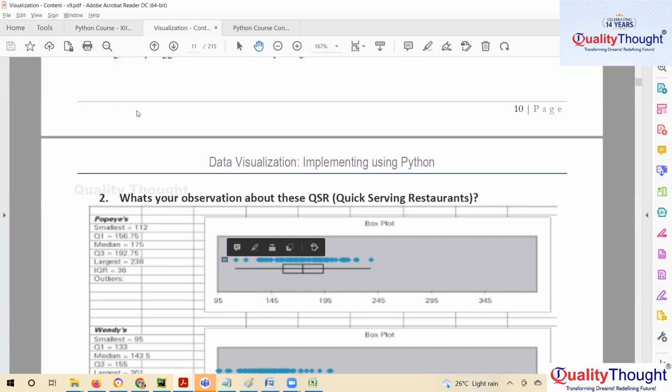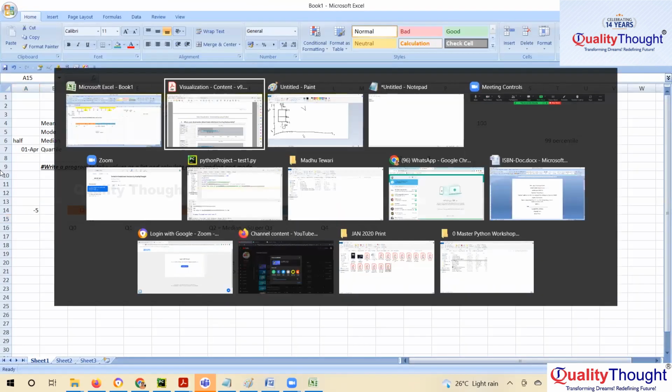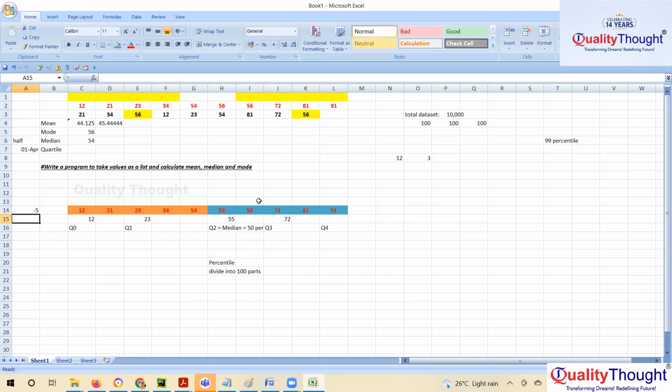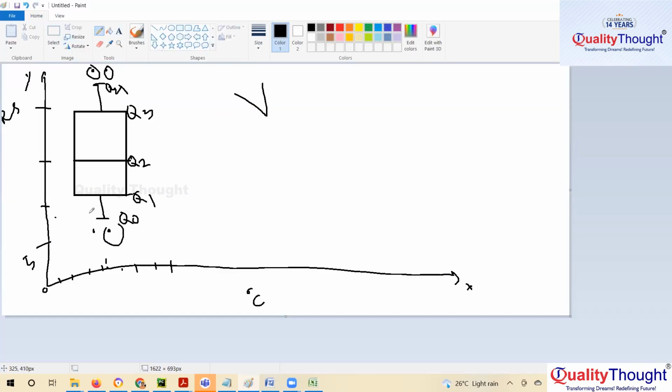In a horizontal box plot, the numbers will be on the x-axis. So these are the numbers. Let's say we use the same data set here. You have 12 here, and let's say this is 91.